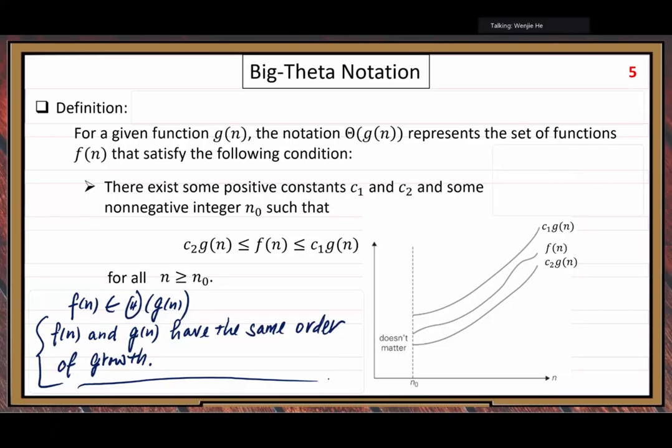Because, for example, this C1 could be a very large number. We can choose C1 to be 1 million, for example, even 1 billion. It could be very large. And C2 could be a very small constant, like 1 millionth, 1 billionth.